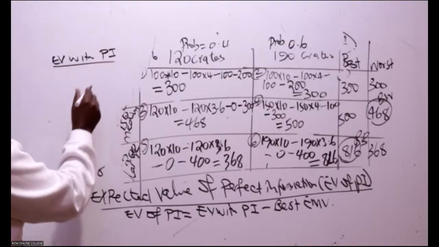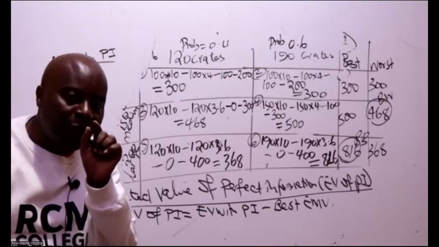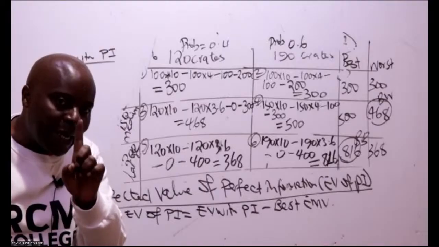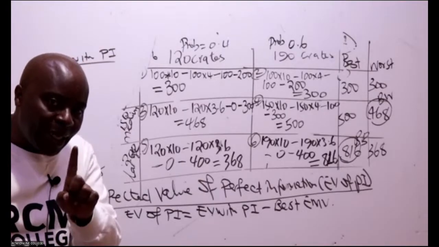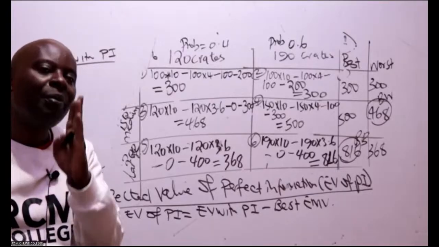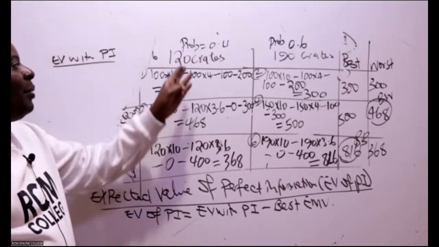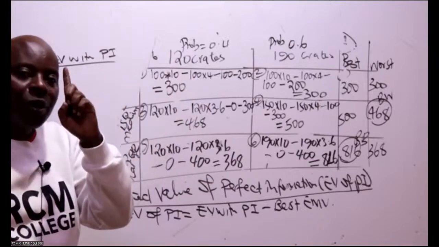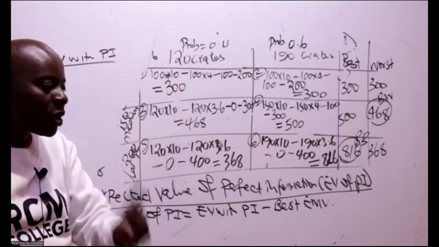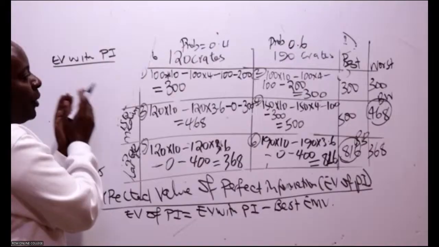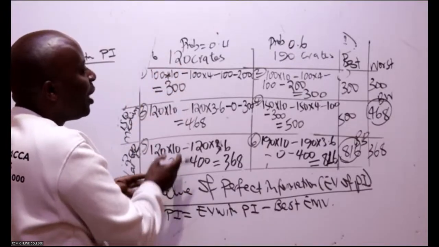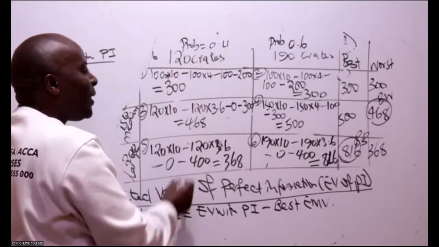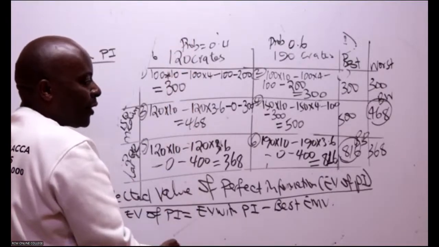To get this EV with PI, we shall always go to each state of nature, one at a time, selecting the best outcome. Because these experts come to tell us, hey, there will be rain, our demand will be this. So you go to each column, armed with information that this is the state that will prevail, selecting the very highest.